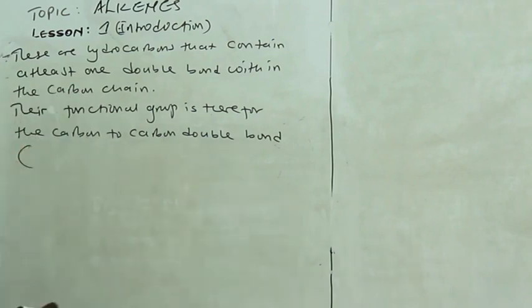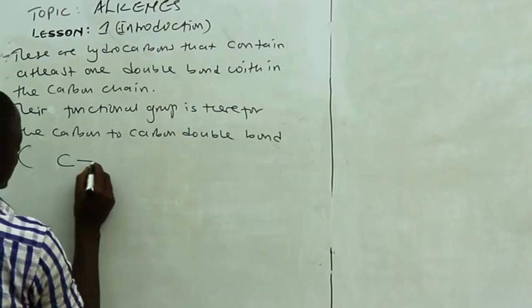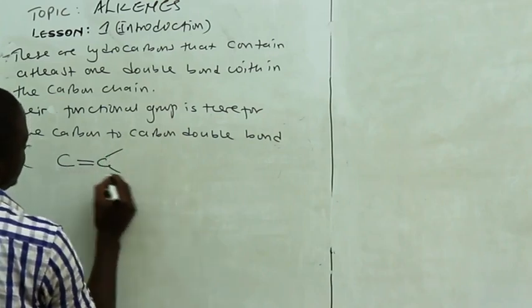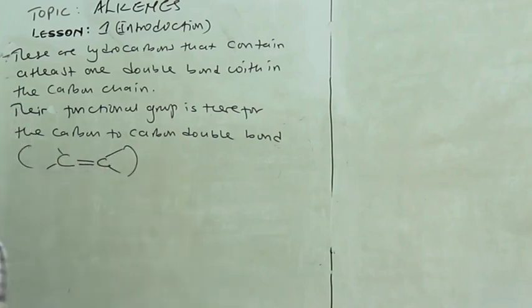If you wanted the formula, then we would normally say carbon double bond and then these other bonds here. This is the structure of the carbon to carbon double bond.